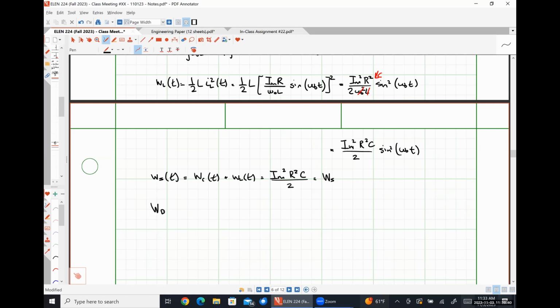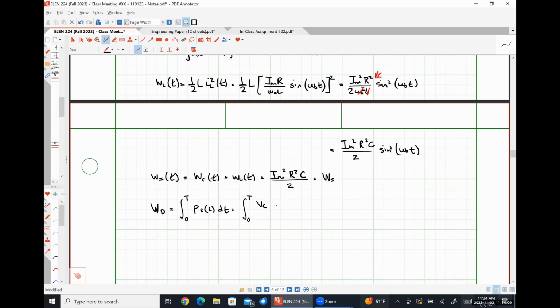To find our energy dissipated per cycle, that is going to be the integral over one period of the power absorbed by our resistor. The power absorbed by our resistor can be expressed as the voltage drop across our resistor squared divided by the resistor value.